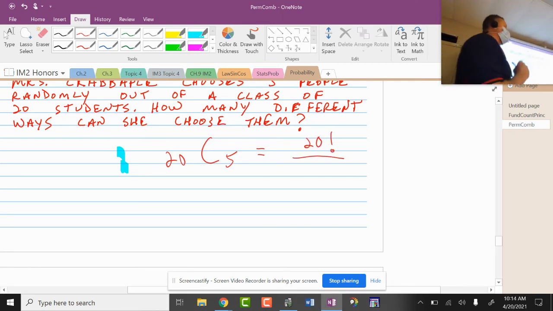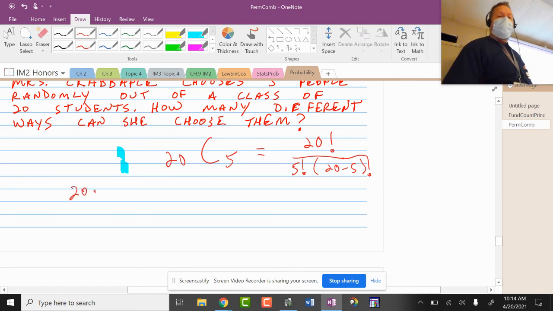So, of course, the numerator is 20 factorial. The denominator, here's the change. 5 factorial times 20 minus 5 factorial. So I will check that on the no calculator part of the quiz, that you can write that and then watch what happens next. What's 20 minus 5, by the way?